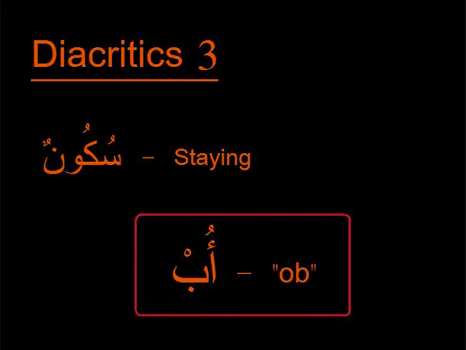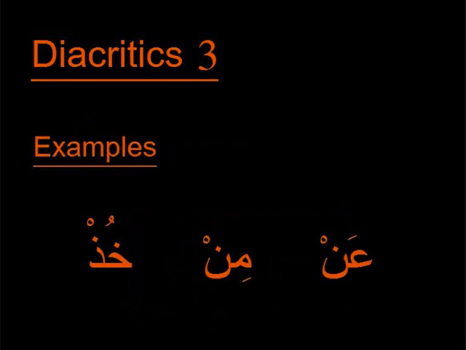Ub. As per usual, let's go through some examples, okay? And let's see if you can apply what we've just learnt and inshallah get it right. Okay, so the first one we see the letter ayn with the fatha and a noon with a sukoon on it. So we should read this one as an.